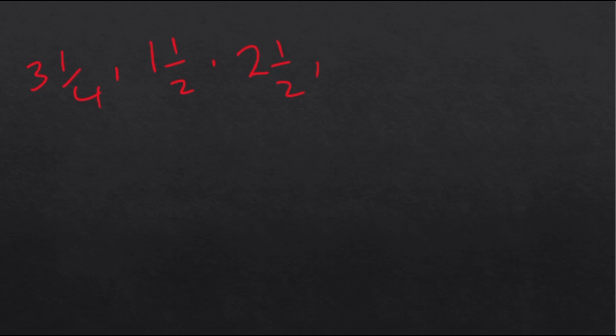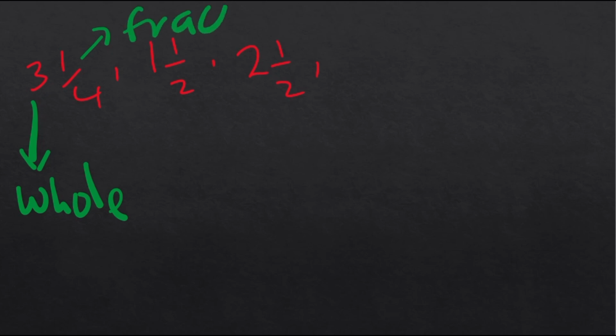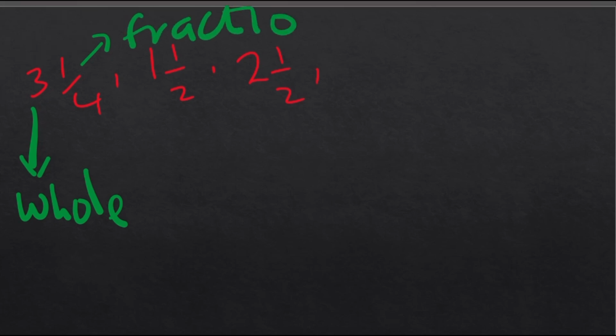You write the whole number first. It consists of 2 parts. One part for the whole, and the other part called the fractional part. And they are written side by side like this. No operation between them. So if you see a number like this, it is called a mixed fraction.